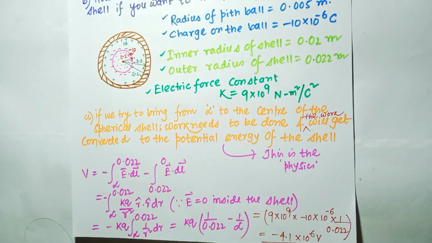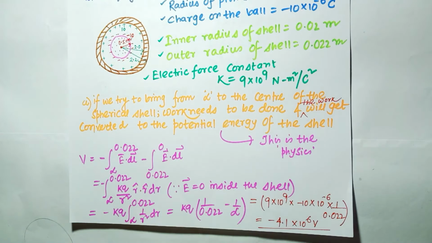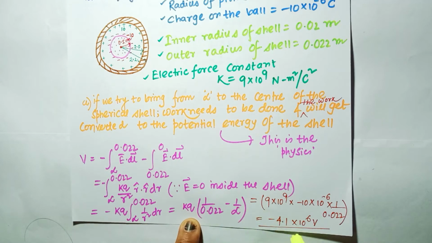The second part will be 0 because the electric field is 0 inside the shell. So it comes out to be minus kq integral from infinity to 0.022 of 1 by r square dr. If I integrate and put the limits, I will get the value of the potential equal to minus 4.1 times 10 to the 6 volt.